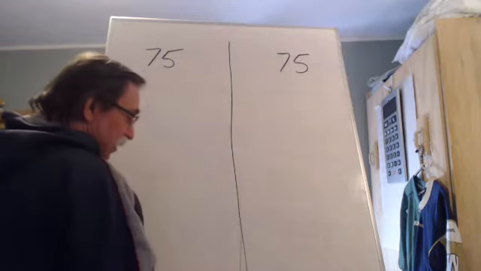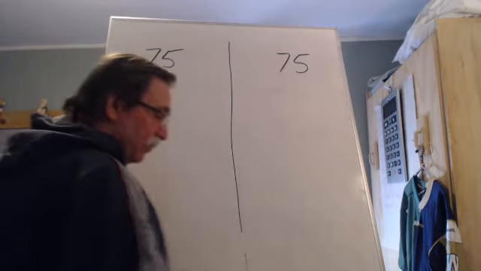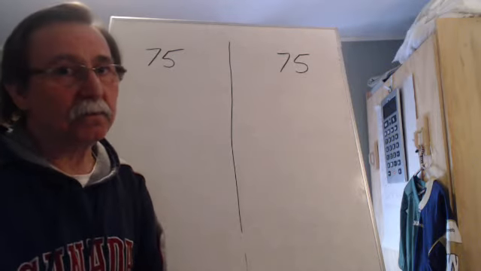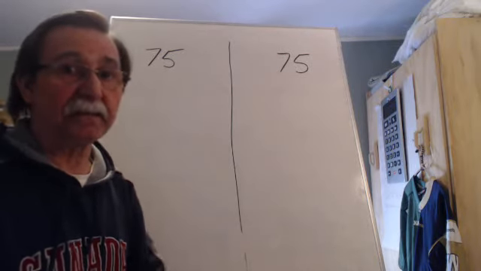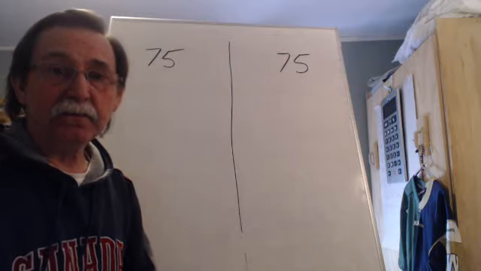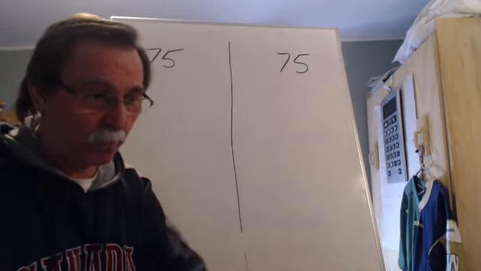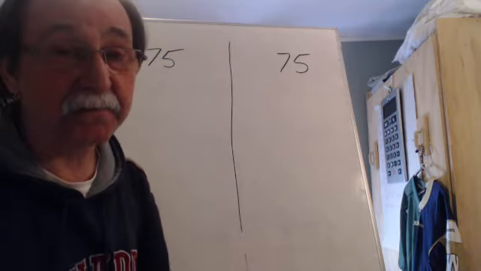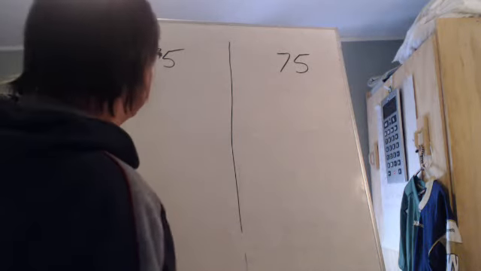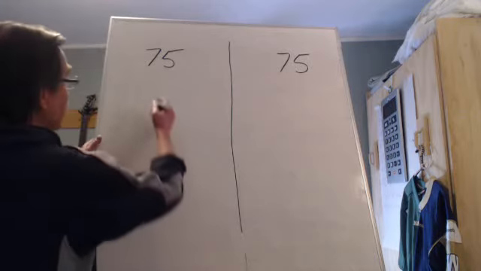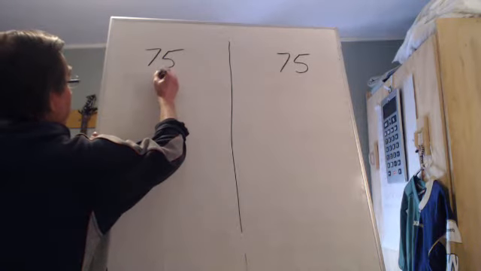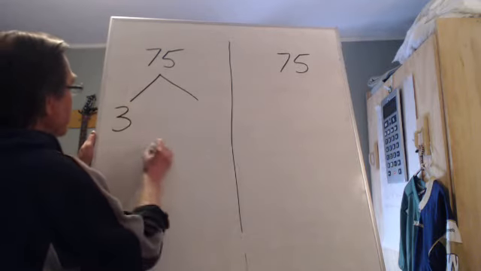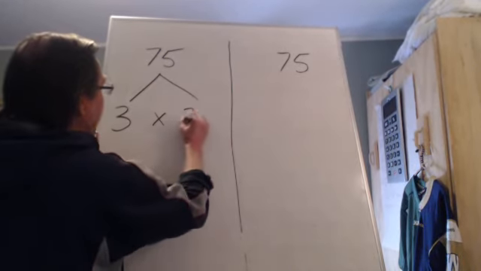Well, 75 is not too bad because we're all used to dealing with money. And you know that 75 cents is like 3 quarters, right? So I could take 3 quarters, which are all equal to 25 cents, and get 75 that way. So I know that 75 is equal to 3 times 25.